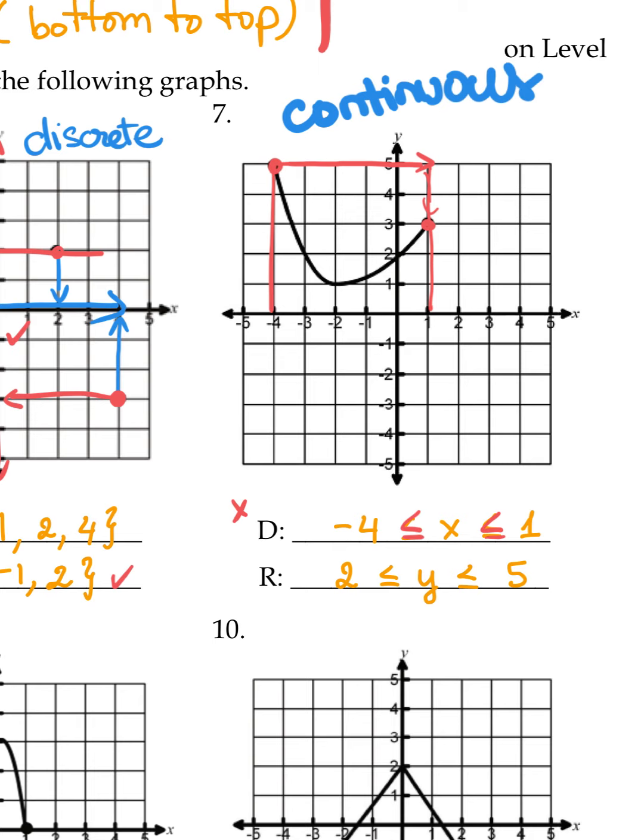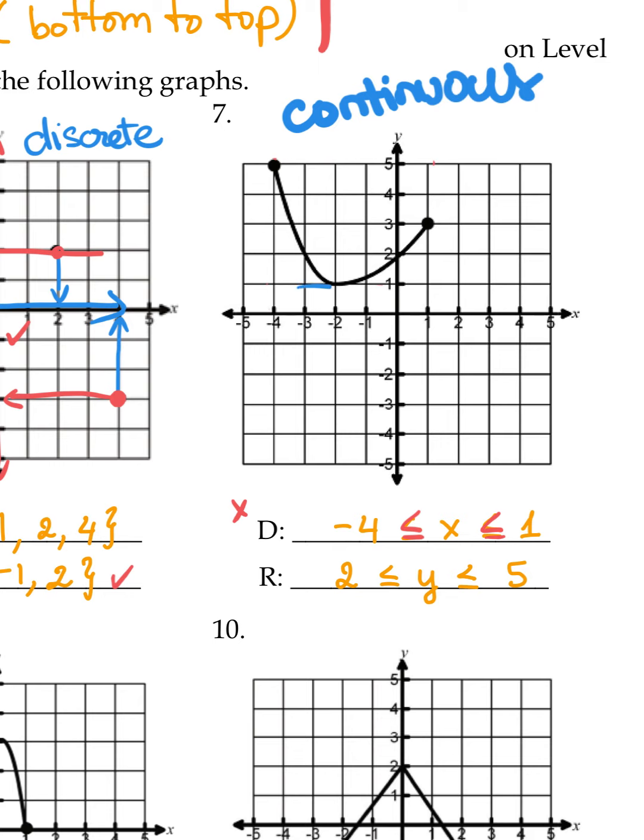So x is in between -4 and 1. All right, for the range, we talk about the y-axis. We're gonna see where the graph lands. Let's change to a different color so it's easier for you to see when I talk about the range, the y-axis.